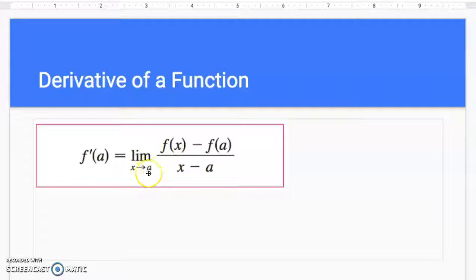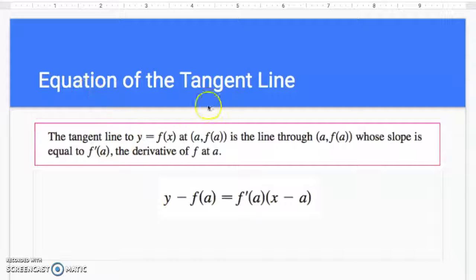Here the limit is approaching a, whereas the other one, the h is approaching 0. This is the equation of a tangent line. It's exactly what we have done already, where it's just y minus the y value equals the slope times x minus the x value. So when you see it written this way, just know it's the same thing we've done on the past few examples.